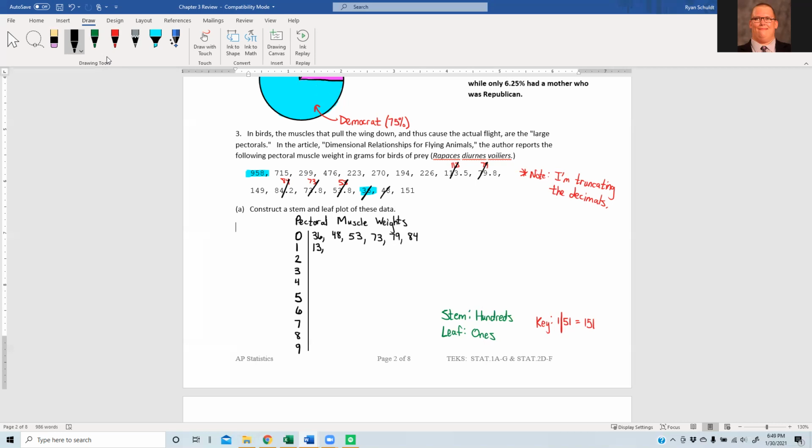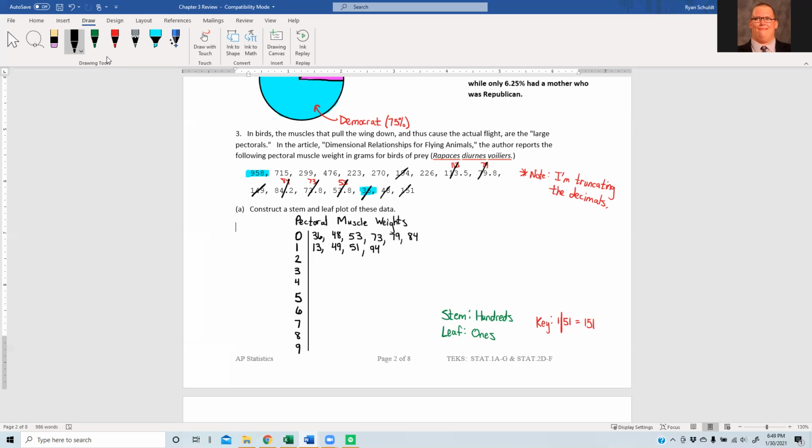Yeah, 149. So 1, and then the 49 is my leaf. Then looks like it's going to be 151. And then 194. So I've done all my ones.